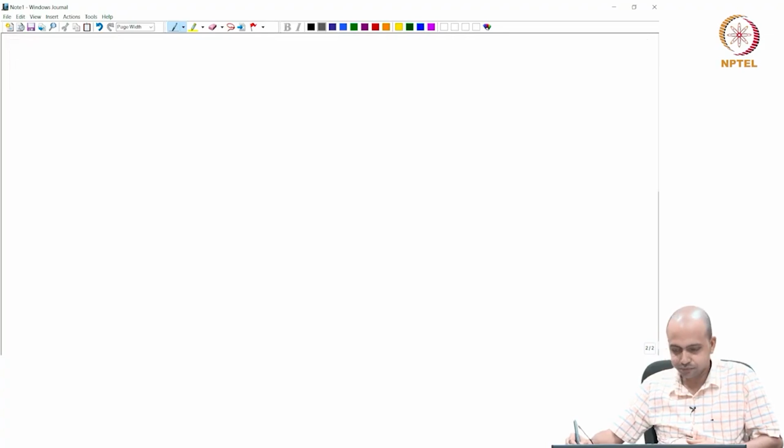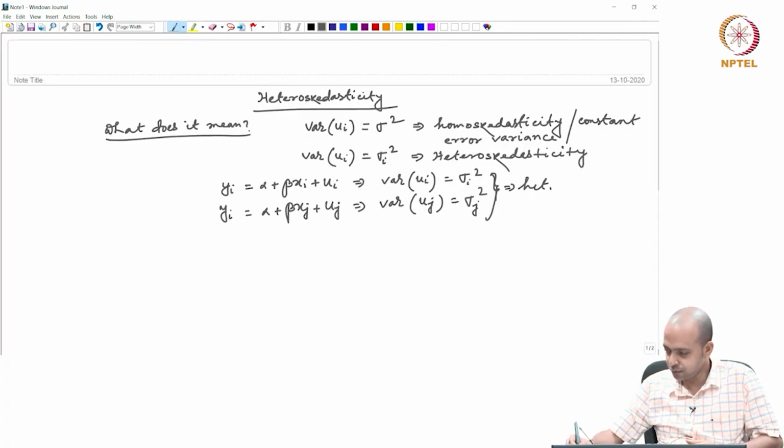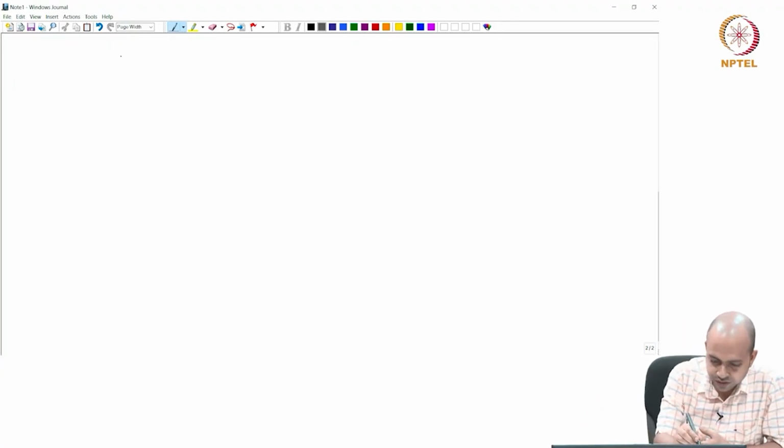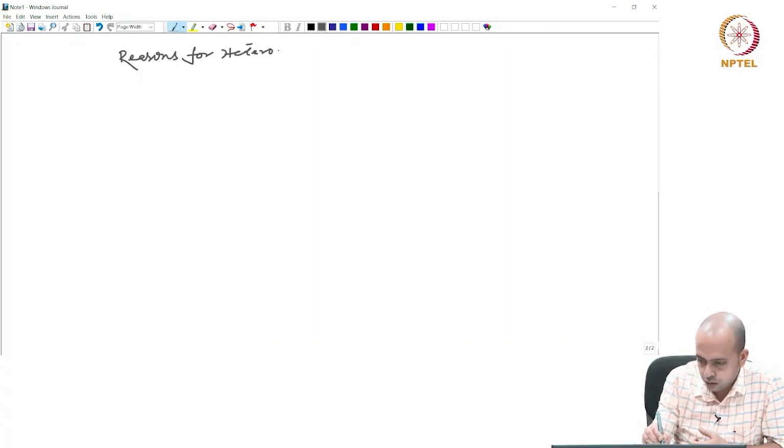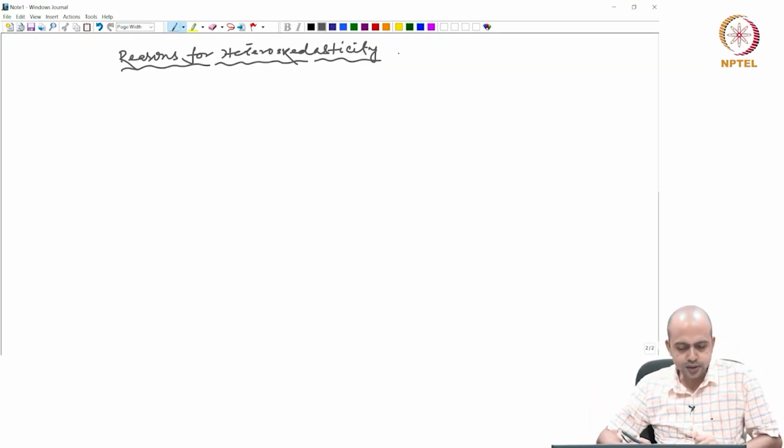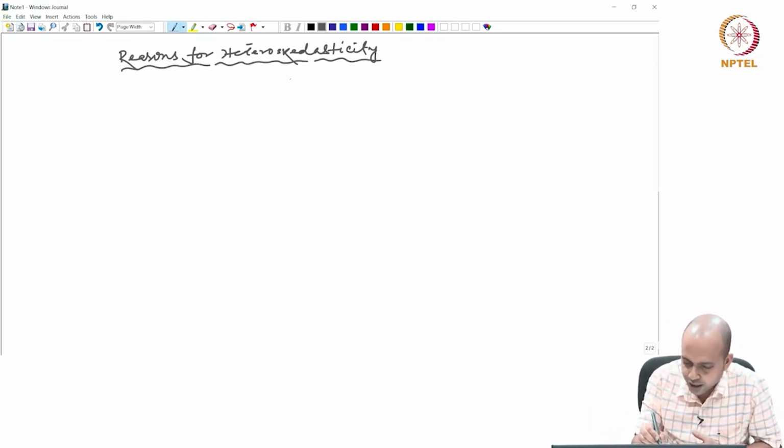Let us try to understand the reasons for heteroscedasticity using a simple diagram.